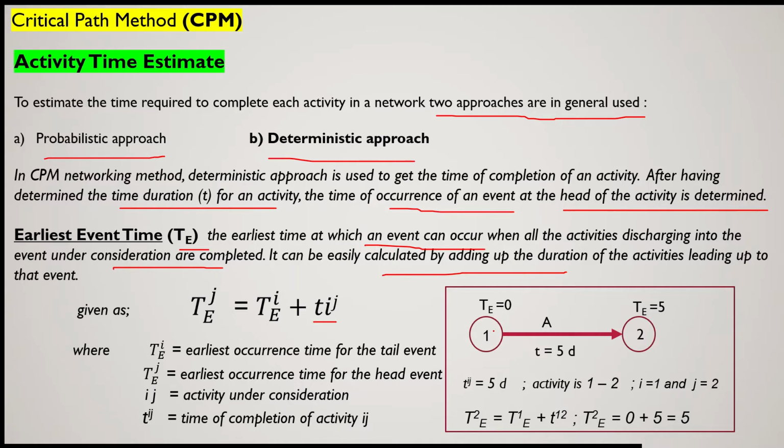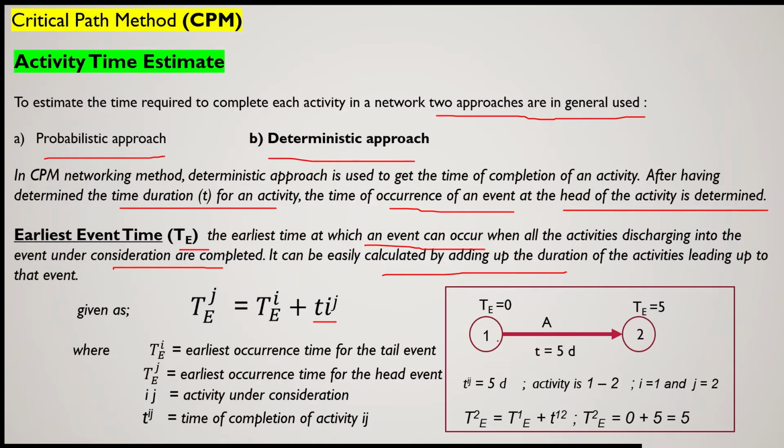So if this event 1 is the very first event, that means the start of an activity, then we can consider that the earliest occurrence time TE of this event can be 0, because it is the very first activity. And then 0 plus 5, that is, the earliest event time of event number 2 will be 5. So it is very much clear.